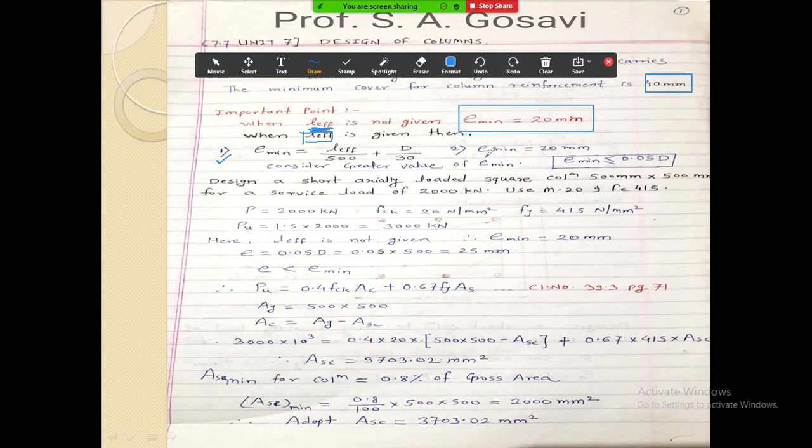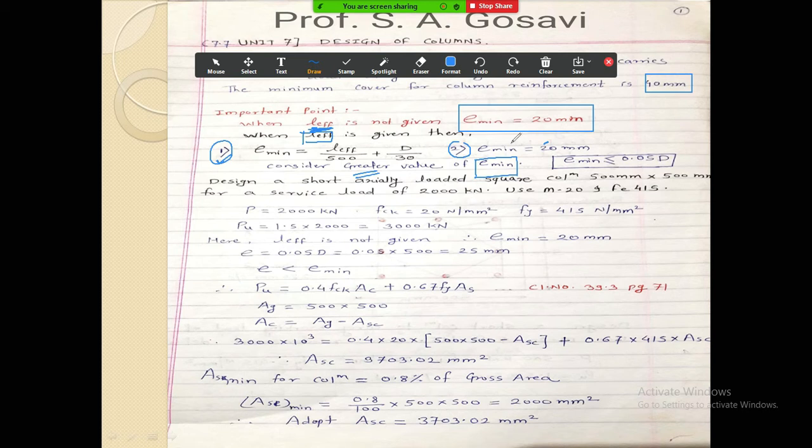Also we will take minimum eccentricity as 20 mm, and from these two values, value number 1 and value number 2, whichever is the greater, that value we should always consider as our minimum eccentricity.